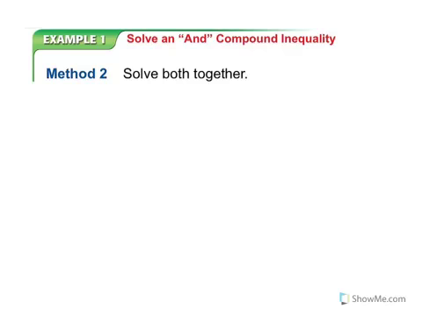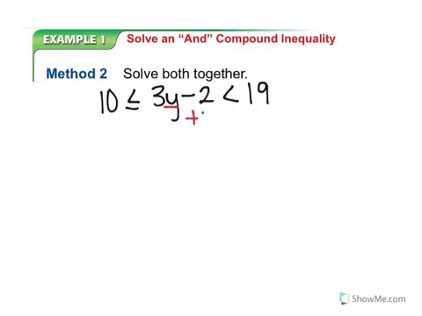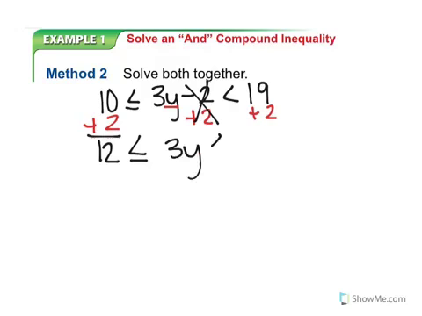You can actually solve these both together. So go ahead and rewrite your inequality. And this time we're not separating it with an and. We want to get y by itself, so we're going to add 2 in all 3 places. Here we get 10 plus 2 is 12 is less than, the 2's go away, so we have 3y is less than 19 plus 2 is 21.